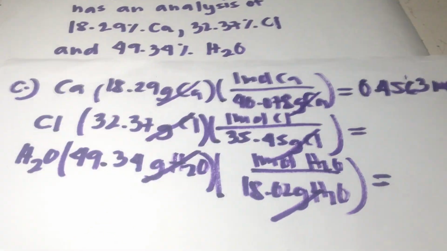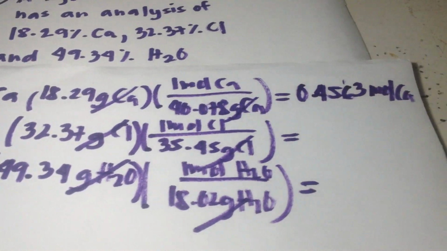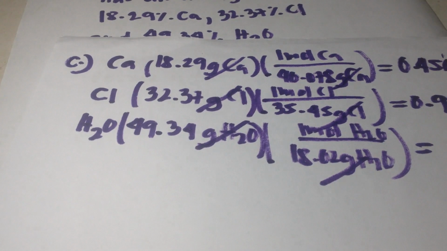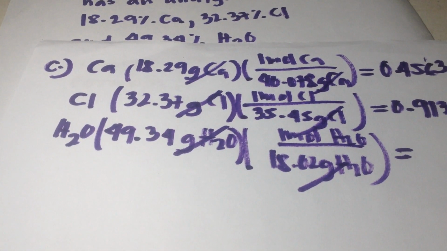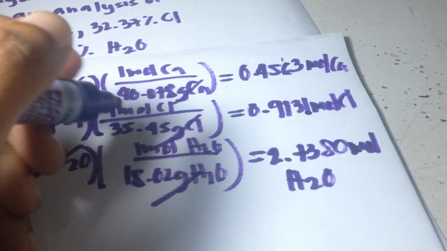And 32.37 divided by 35.45 is 0.9131 moles of chlorine. How about in water? 49.34 divided by 18.02 is equal to 2.7380 moles of water.